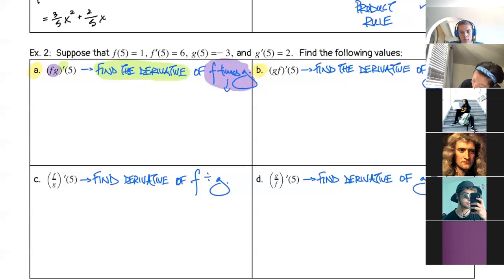We see times and we're thinking product rule. Well, we must be using product rule for B as well, right? And for C and D, we see derivative of F divided by G. Oh, shoot, they're asking us to use the quotient rule.